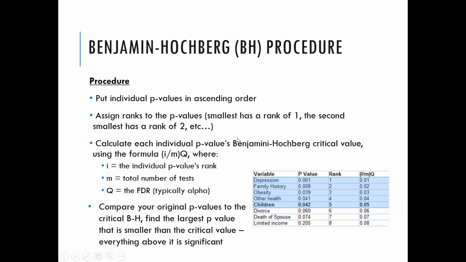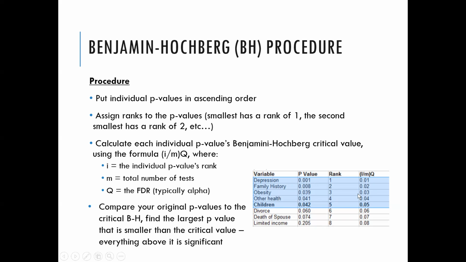Then we would calculate each individual p-value's Benjamini-Hochberg critical value, and we use this formula: i divided by m multiplied by q. i is just the individual p-value's rank, m is the total number of tests, and q is the false discovery rate. And again, it's typically set at alpha. And then we would compare our original p-values to the critical BH value and find the largest p-value that is smaller than the critical value. And then everything above that is significant.